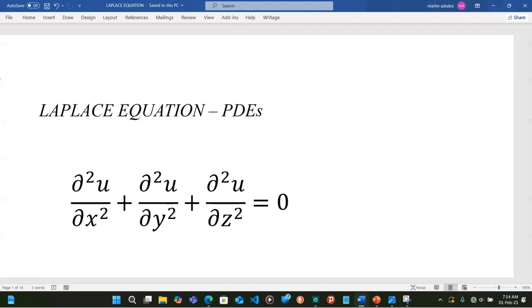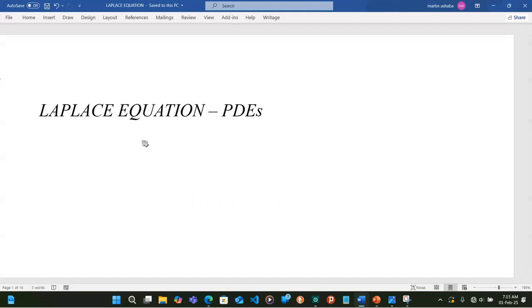But to just highlight, we find it in electrostatics and magnetostatics, in fluid dynamics, to study the rotational flow in aerodynamics and hydrodynamics, in heat conduction, to study the steady state temperature distribution, in gravitational fields, to model planetary gravity, and in image processing, for example, in MRI and CT scans, to enhance them so that we have edge detection and deblurring of the images.